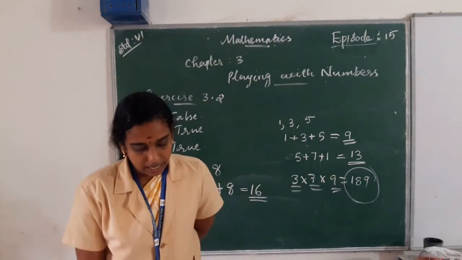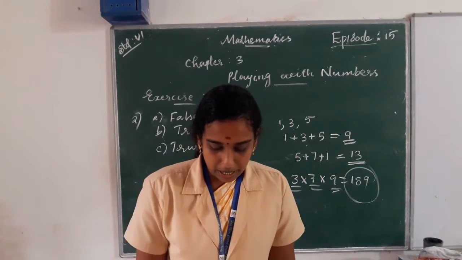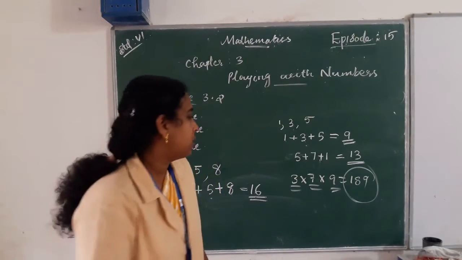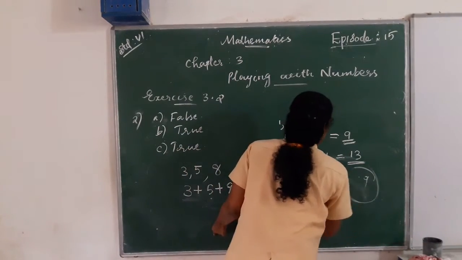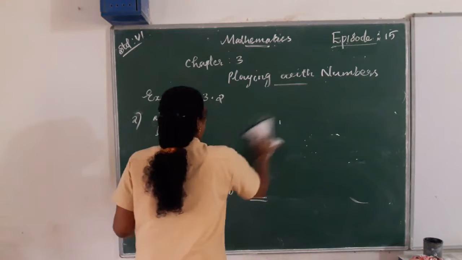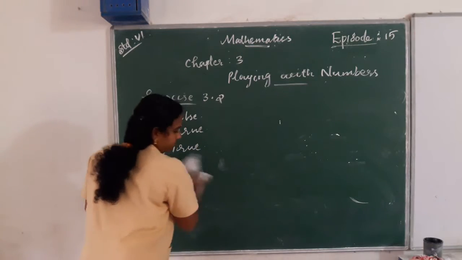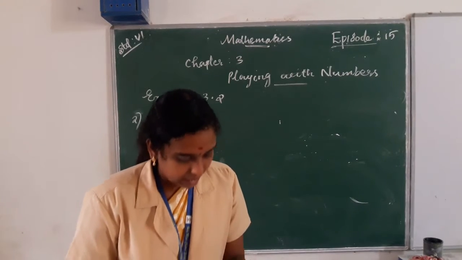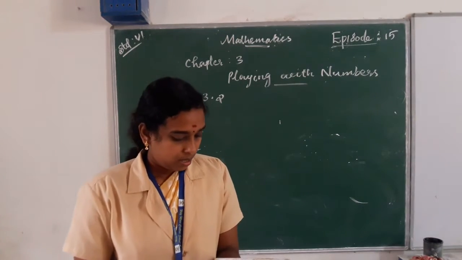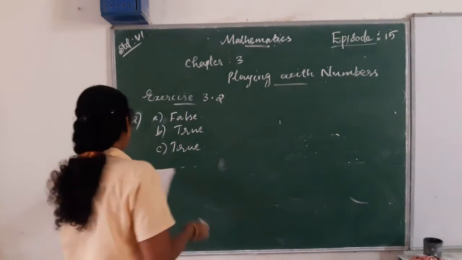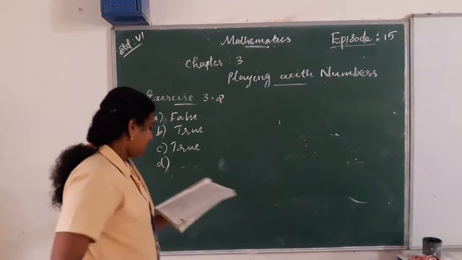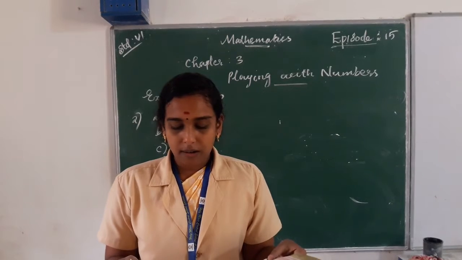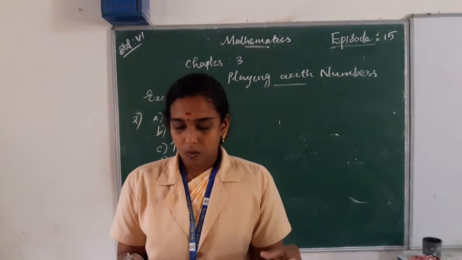And statement D: if an even number is divided by 2, the quotient is always odd.